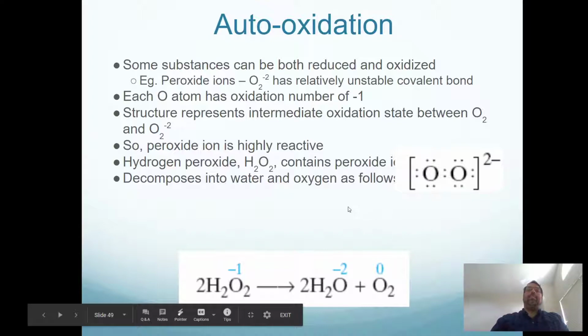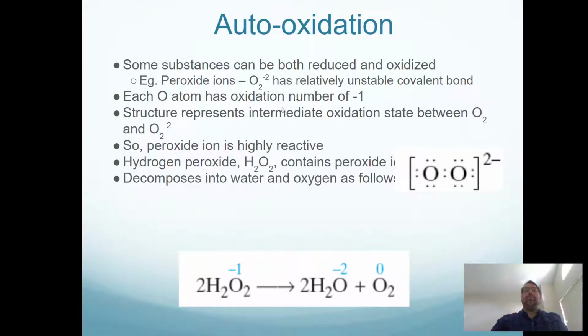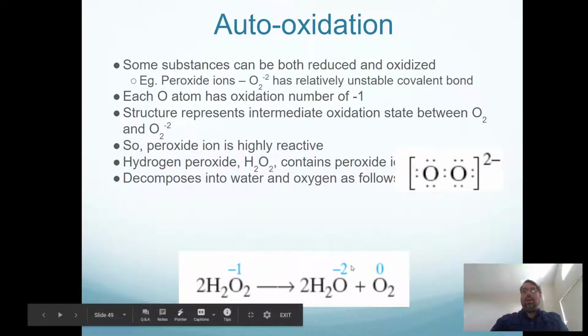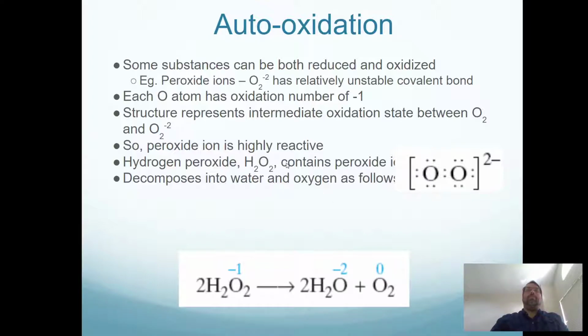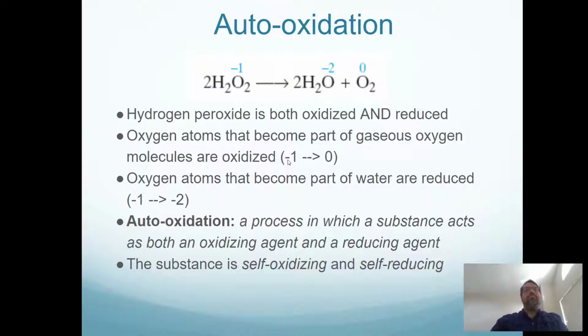What'll happen is that they'll actually go ahead and auto-oxidize into O2. And this is a case of auto-oxidation where the oxygen atoms go from a charge of -1 to -2, and 2 of the oxygen atoms get sloughed off and they end up having a charge of 0. So that's an example of auto-oxidation right there.